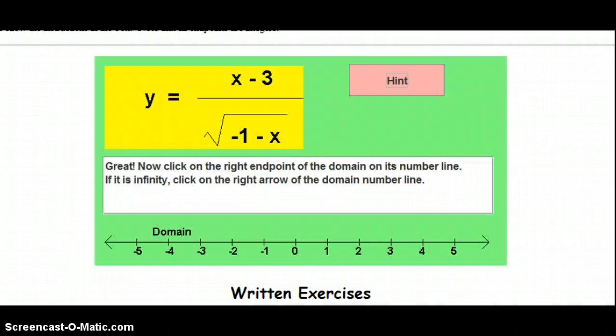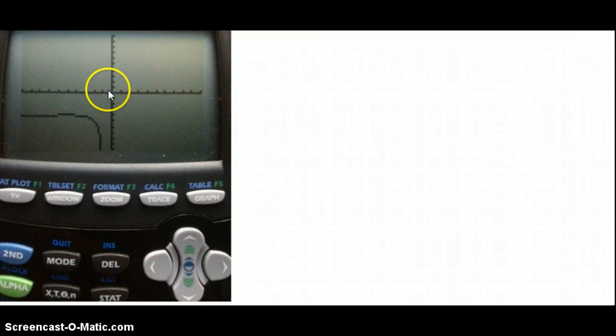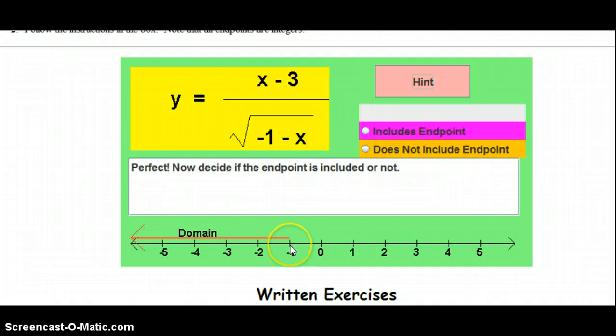If we go back to the graph, you can see that the endpoint for that would be -1, because after -1, there won't be any more x values. So we'd go right ahead and press on -1. Perfect. Now decide if the endpoint is included or not.